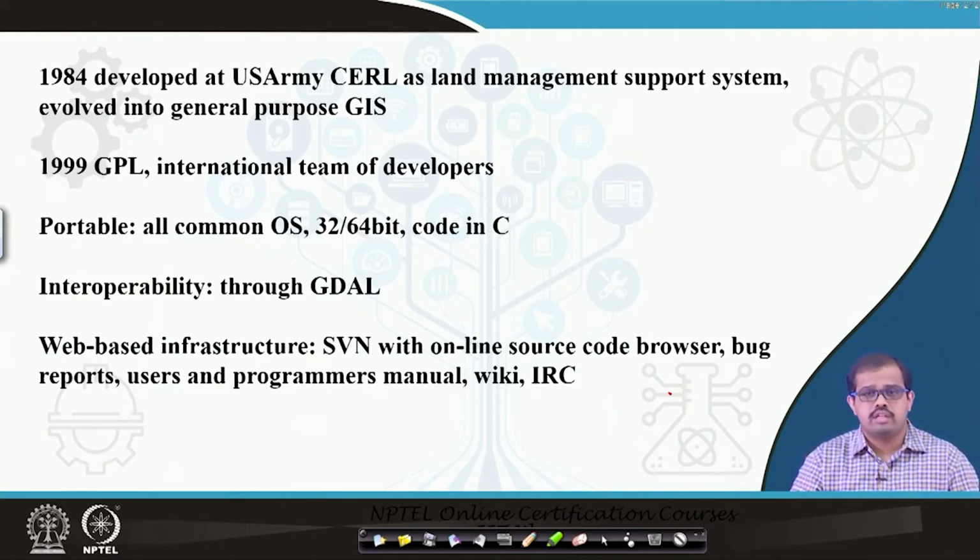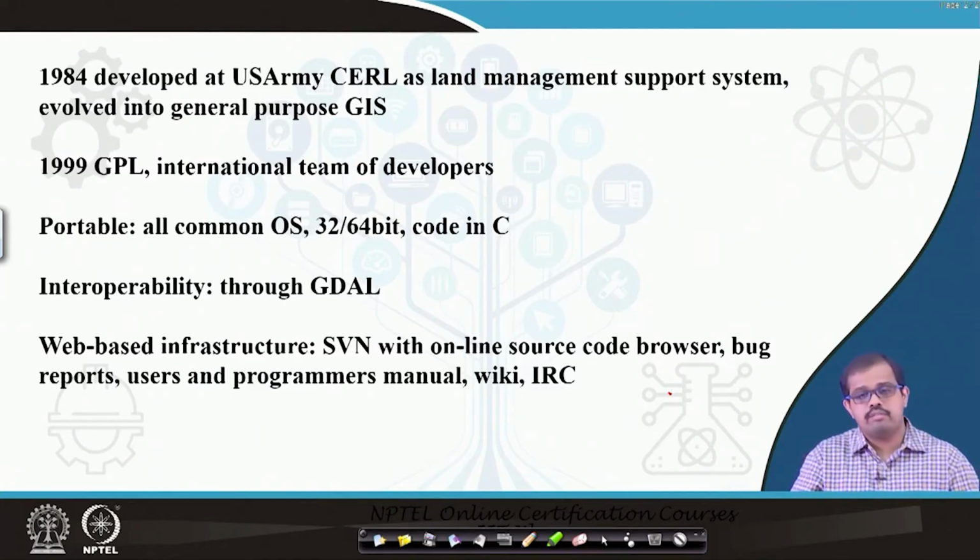Any of the common operating systems can be used, whether 32-bit or 64-bit. The only thing is to please see what kind of architecture your particular system supports, whether 32-bit or 64-bit, and use the software accordingly. Most of it is coded in C. It extends interoperability to other software through GDAL.